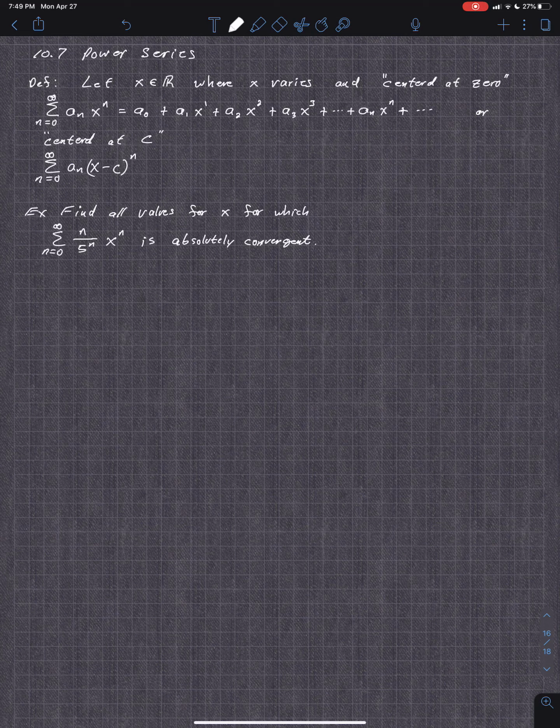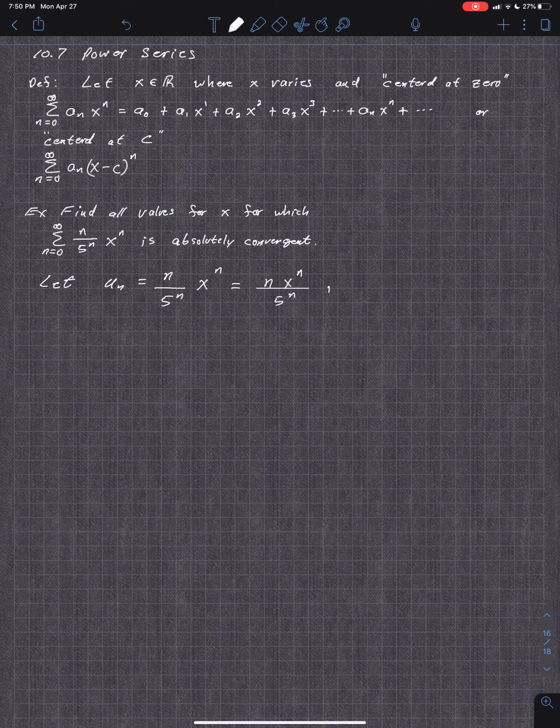For now, let's go ahead and let u sub n equal n over 5 to the n, x to the n. And then we can rewrite that just for form-wise as n x to the n over 5 to the n. Okay, now you want to find out what values of x will make that converge.